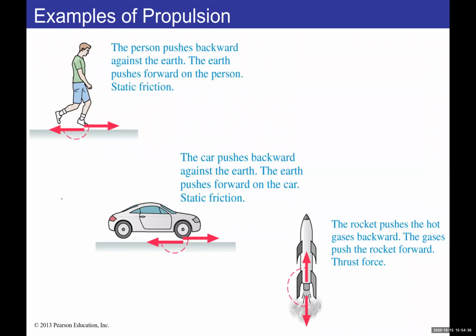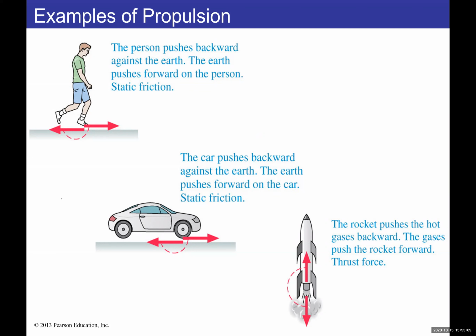So those are the three different applications of propulsion. The person pushes backward against the earth, or a surface, and the earth pushes forward on the person: static friction. A car pushes backward against the earth, and the earth pushes forward on the car, again static friction. For rockets, the rocket pushes the hot gas backward, down toward the earth, and then those gases push the rocket upward.